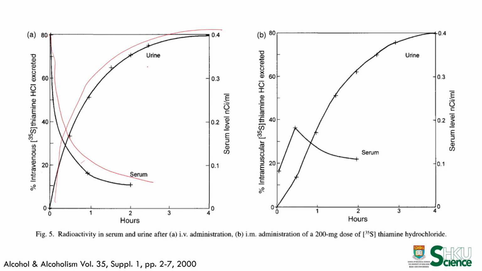So you will still be able to excrete most of the IV-injected thiamine efficiently. If you do an intramuscular injection, the serum level will go up and then slowly come down, because it has to go through the muscle to the blood, and then you'll also be able to excrete most of this because this is a water-soluble vitamin.